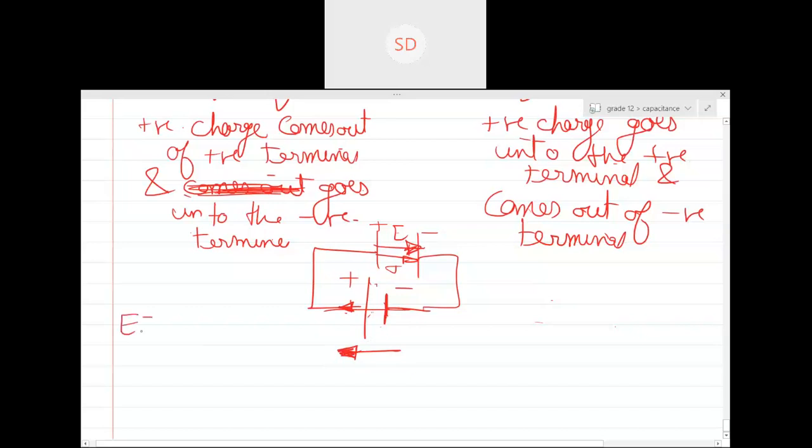Electric field is from negative to positive inside and positive to negative outside, right? If the electric field is acting in this direction, what is the direction of flow of the charge in the first case? In the first case, it is in the direction of electric field, right? So whenever the force is in the direction of displacement, work done is positive.